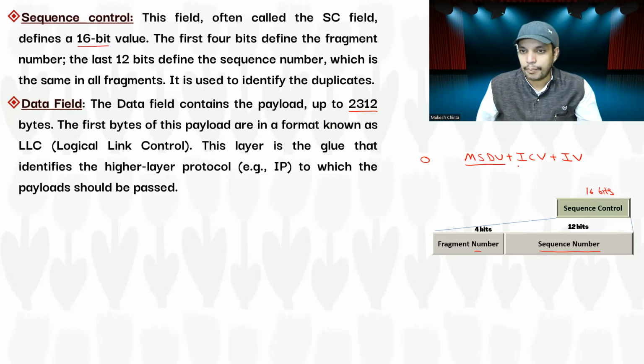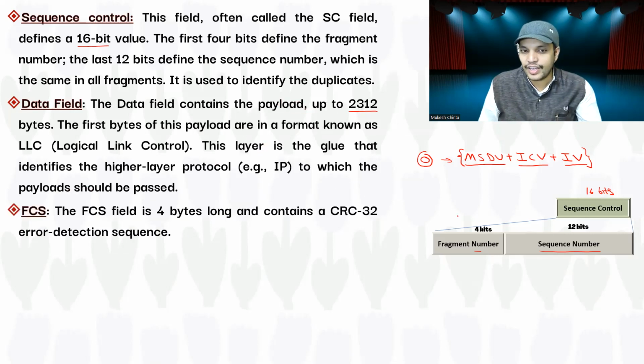If you are implementing the protected bit, or WEP, then ICV stands for integrity check value, plus IV stands for initialization vector. So the minimum is 0 bytes and the maximum is the combination of these 3 things, but you can go up to 2312 bytes. So this is regarding your data field.